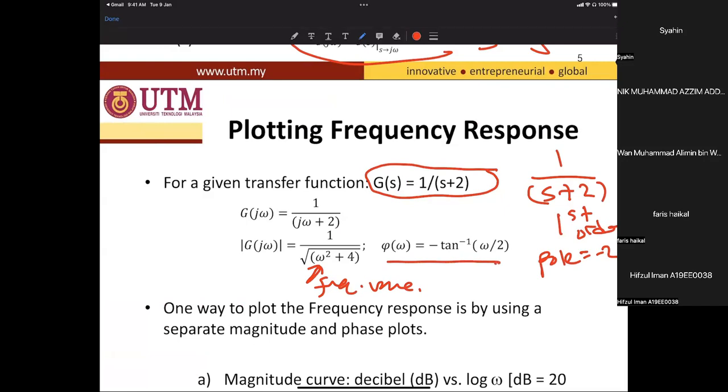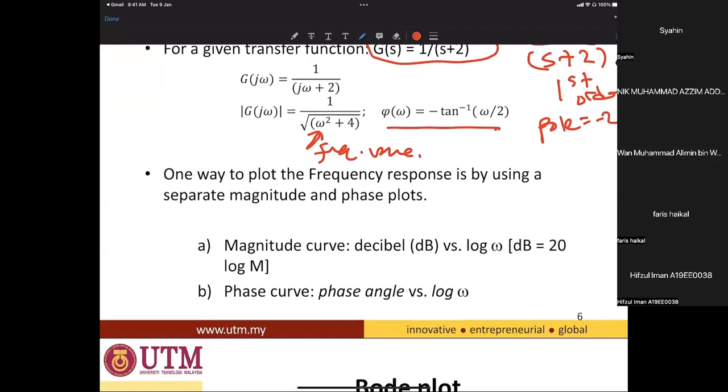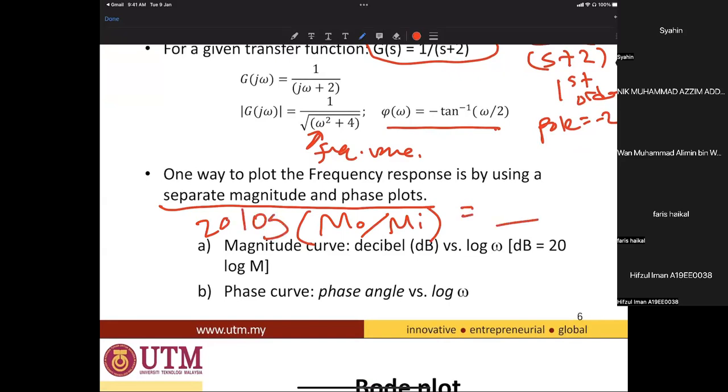So one way to plot the frequency response is by using a separate magnitude and phase plot. We call it the magnitude, the ratio between the output divided by input, and then we take 20 log so that it gives you the decibel value, in log scale.